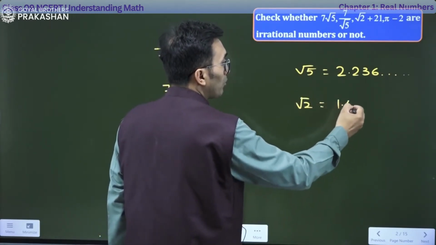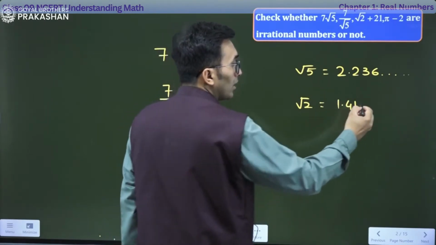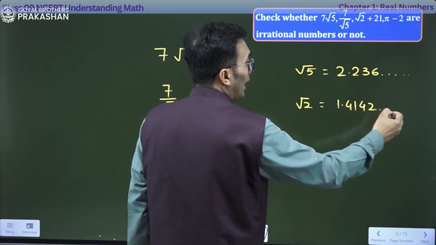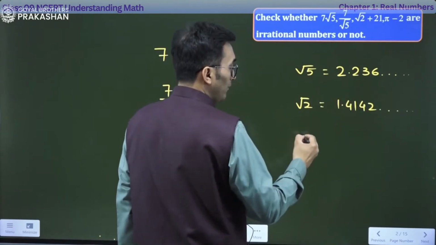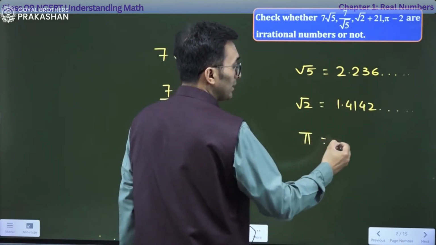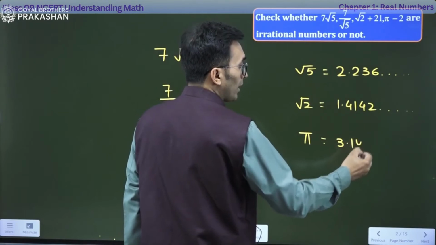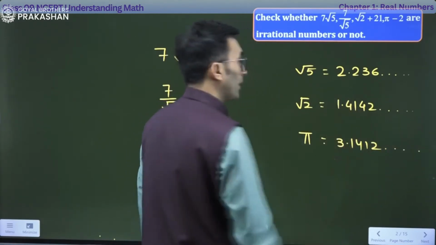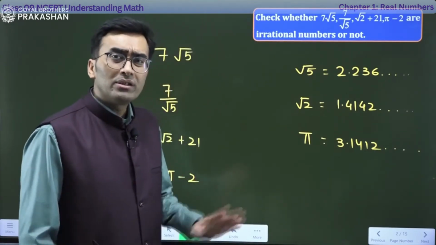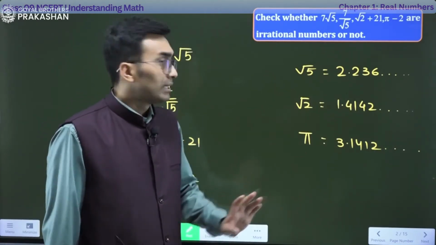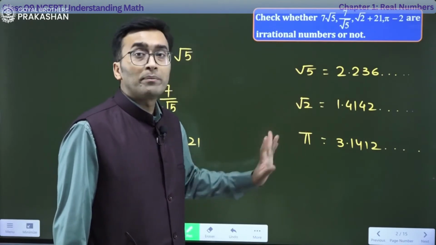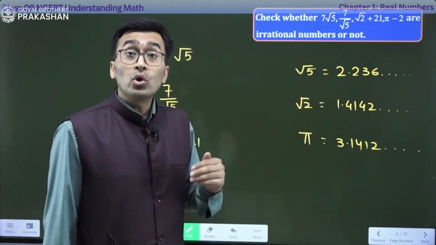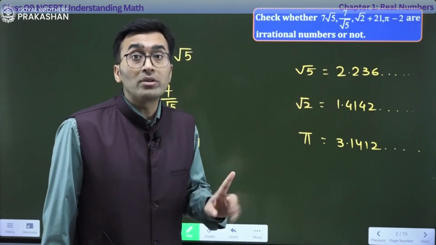Root 2 is 1.4142 and then dot. And we know that the pi is 3.1412 and dot. Okay. Now what I can observe in all these numbers, root 5, root 2 and pi, these are non-terminating and non-repeating.